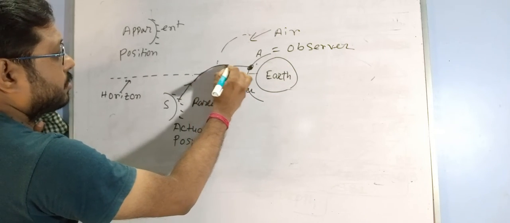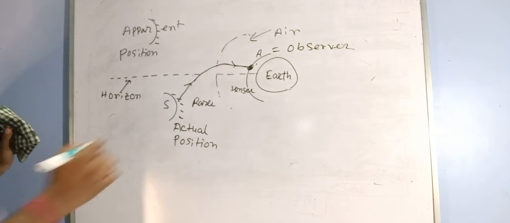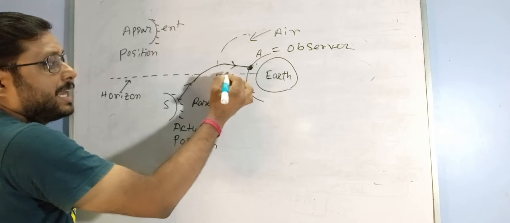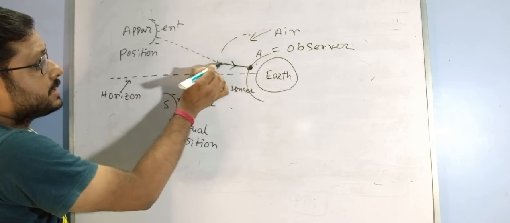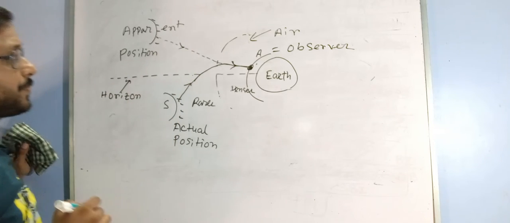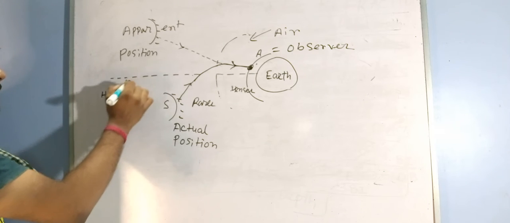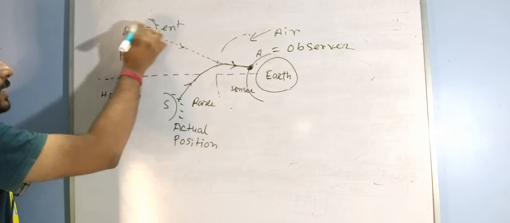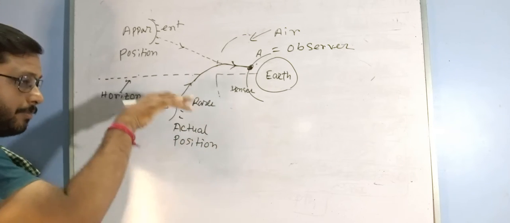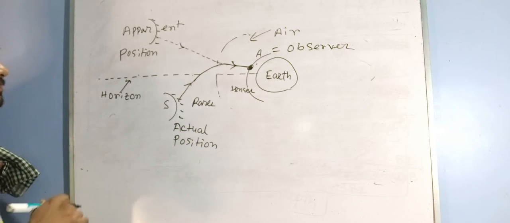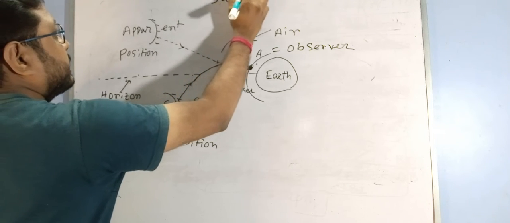But our eye cannot trace this bending path. The eye can trace only the straight line path. So one can see the sun above the horizon, but the sun is situated below the horizon.